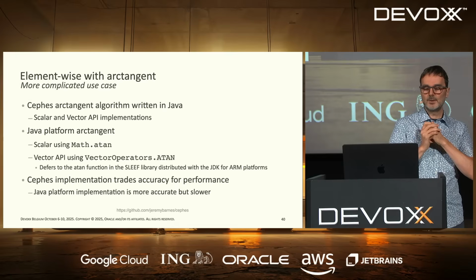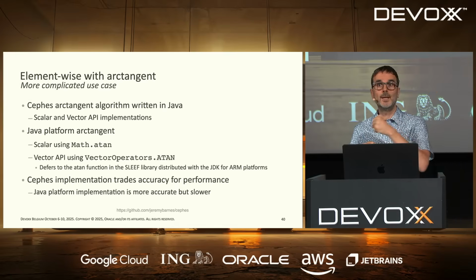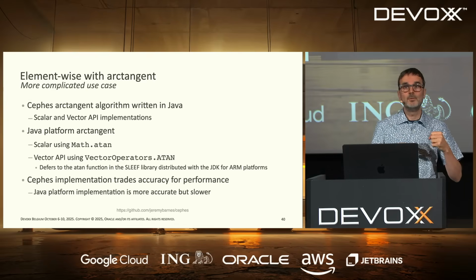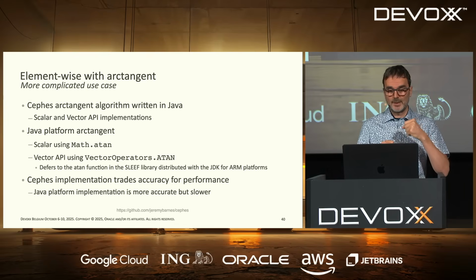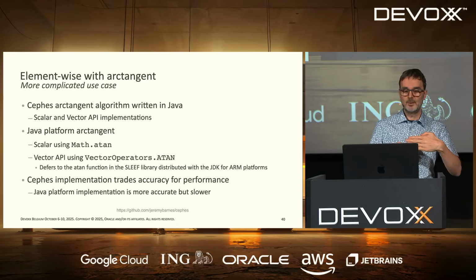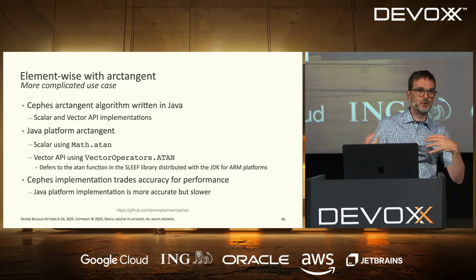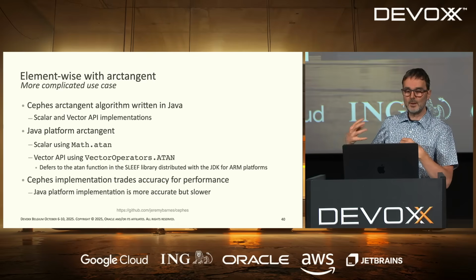Then I can also show the version using scalar Math.atan. And I can also show the version using the vector operator atan, because you can use the vector API with arctangent too. If the hardware supports it, and HotSpot supports it, we can use optimized vectorized atan underneath the covers.